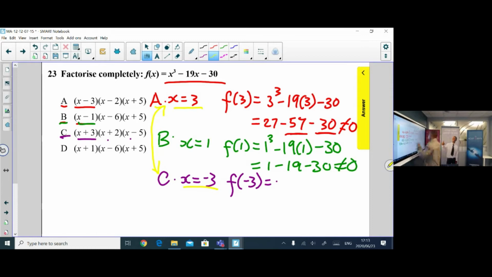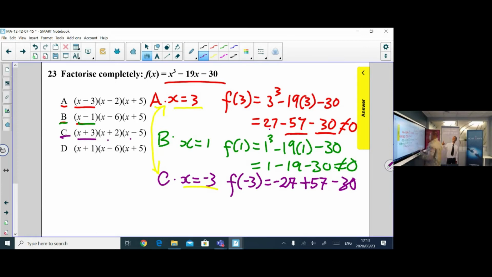So I can even pick it right there that my first term, instead of being 27, it will be minus 27, because this time I'm working with negative 3. And then the next term, which is supposed to be negative 57, because I'm working with a negative, will be positive. Okay. Then the last term is not affected because it doesn't have any x.